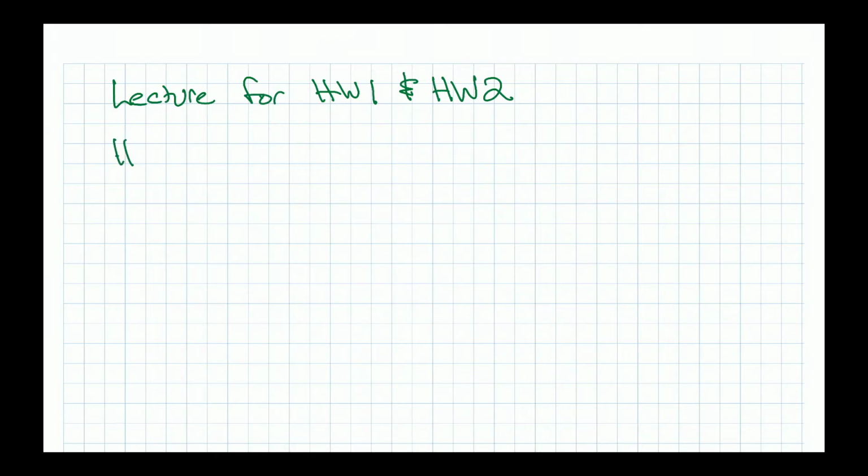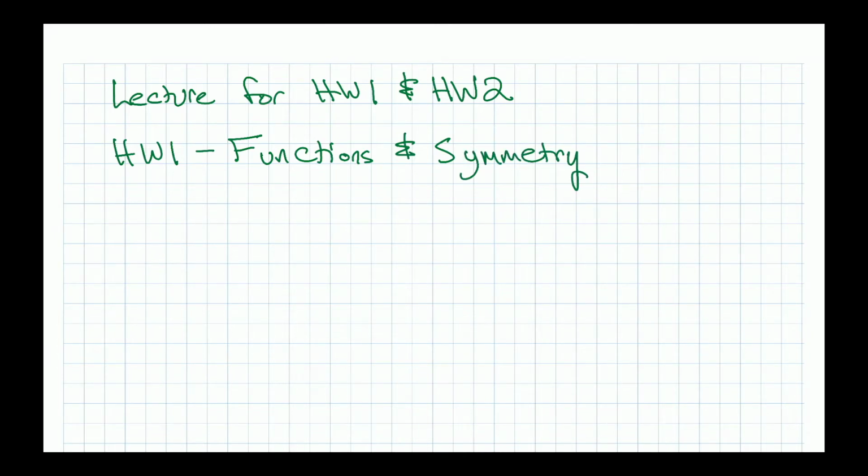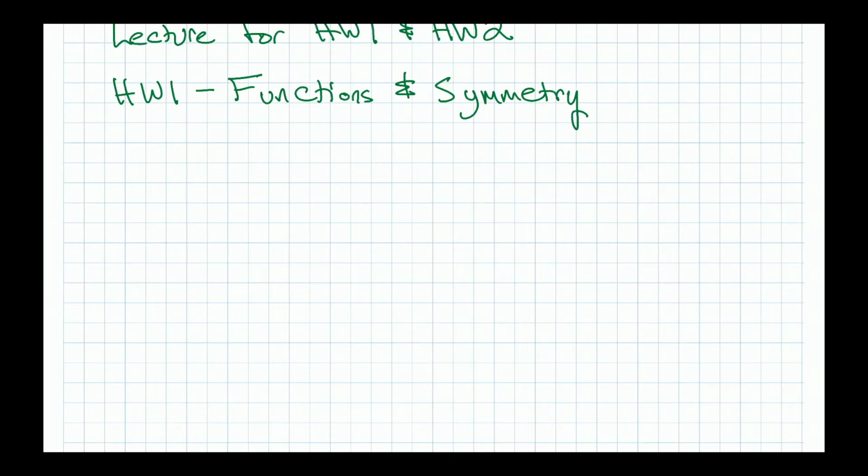So homework 1, the topic is this: functions and symmetry. We really have a bunch of definitions in here and basic topics, and you don't need to understand everything perfectly well at this point.